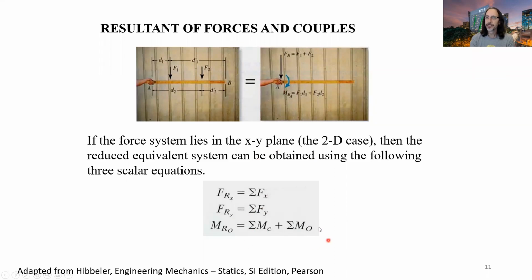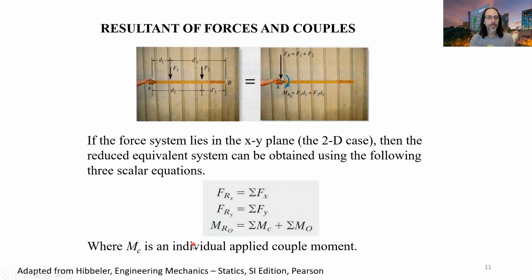So in general, calculate the moments about some point. Here it was A. Here I've just said in general about some point O. And then you may also have some examples where you've got an applied couple or an applied moment that you need to add in as well.